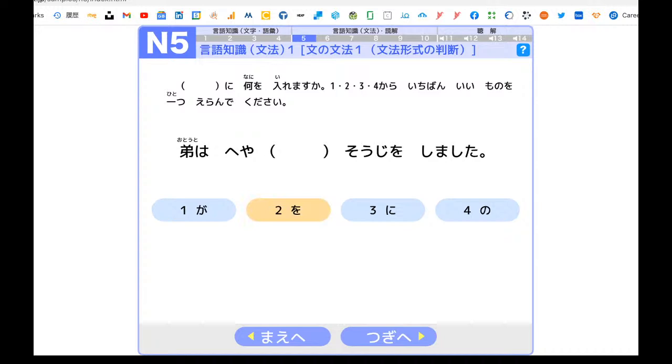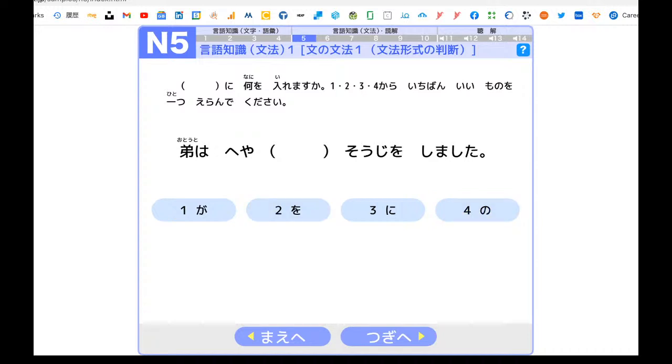And に is like to explain the location, or we use it as to, like the direction. So maybe 弟 cleans up the room, so it's not direction or something. And の, this is kind of tricky. の and を are very similar, and you can use both.